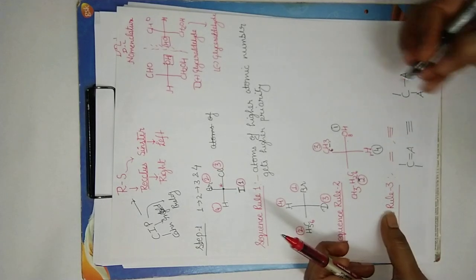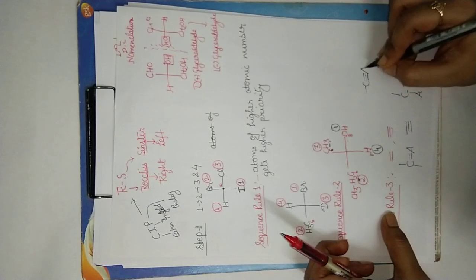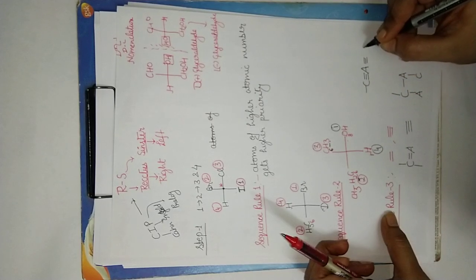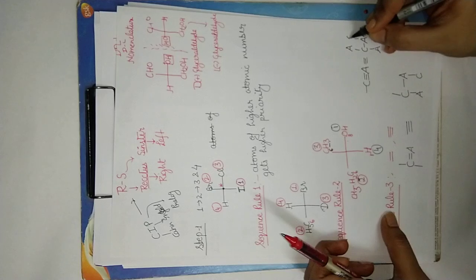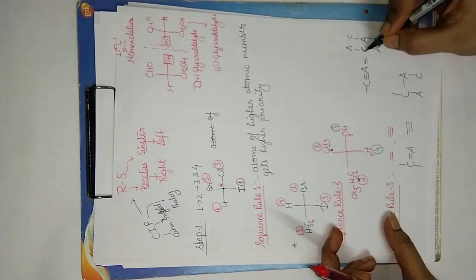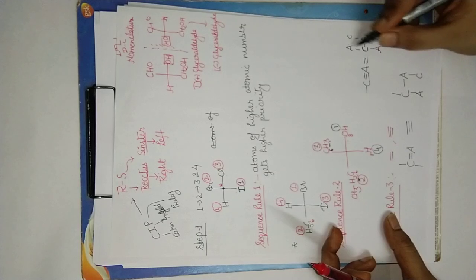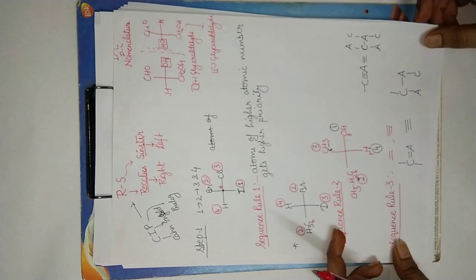If there is a triple bond, then it is triplicated. It is equivalent to C with A, and this is duplicated. This is duplicated. And this carbon is attached with 3 A. 1 2 3. There are 3 bonds. 1 2 3. This is the sequence rule 3.